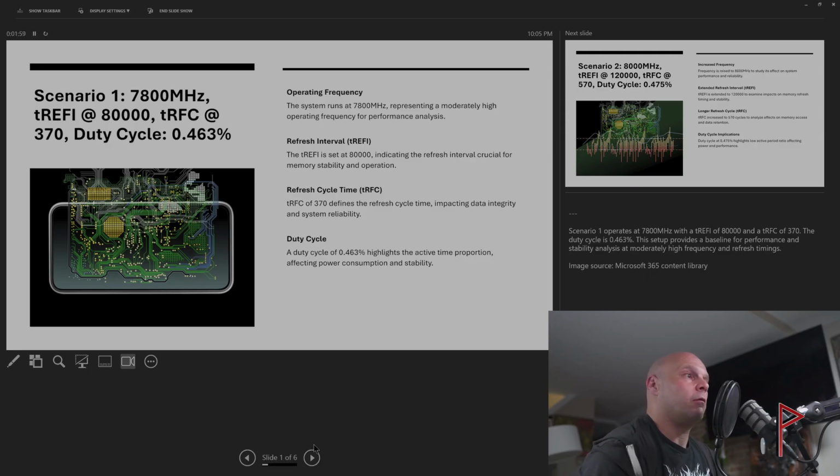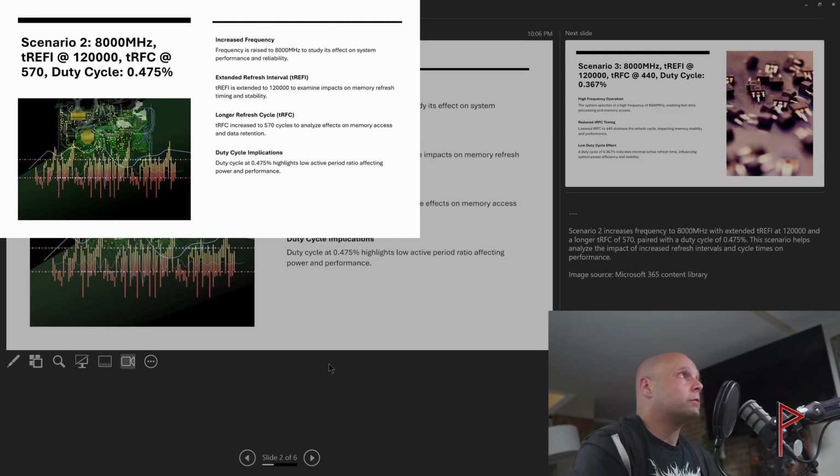And so we move on, scaling up using these formulas. We get up to 8,000 mega transfers per second with a tREFI of 120,000. For tRFC, we started at that same duty cycle percentage, which gave us a tRFC of 570.